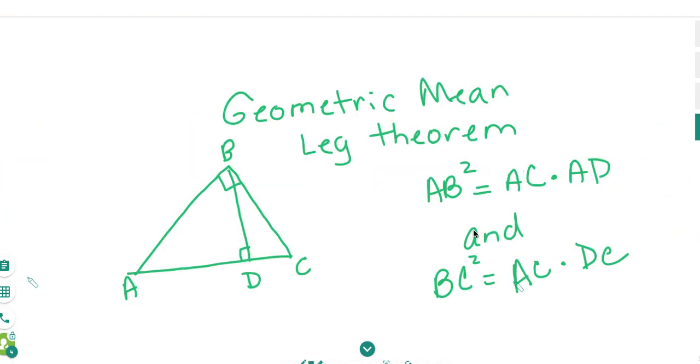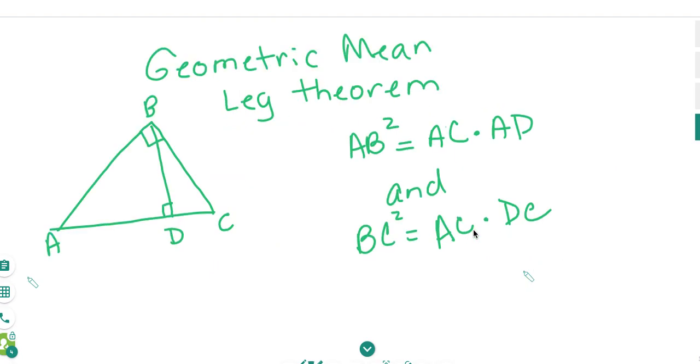All right, now we have what is called the geometric mean leg theorem. So again, what we're going to do is look at our parts. This is a leg theorem, which means we're going to be using AB, which is one of the legs of the right triangle.